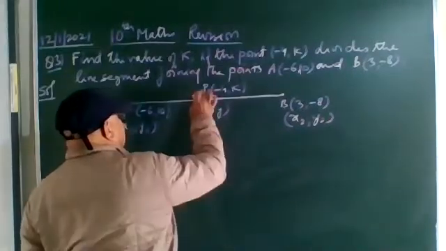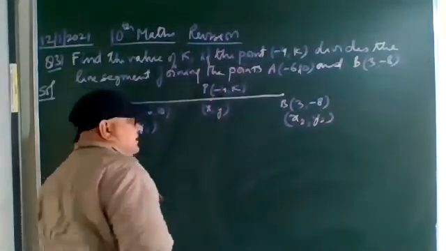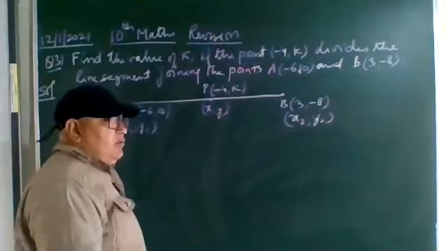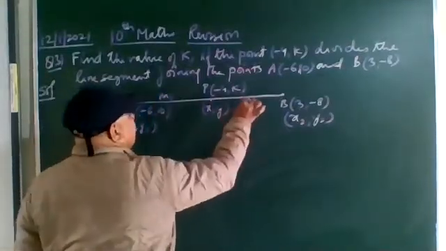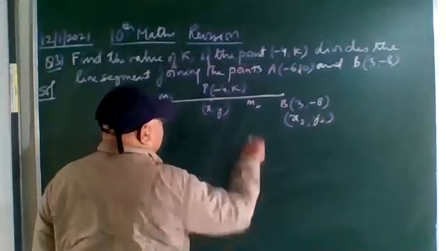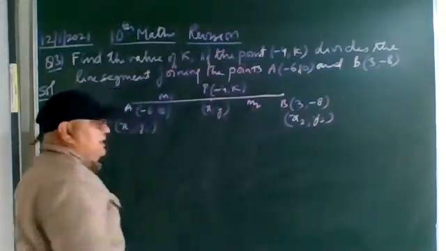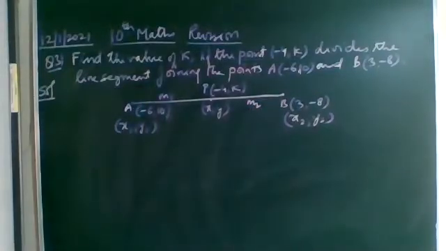But in what ratio this line segment is divided, you don't know, so you will write m1 and m2. Some students write k is to 1, or m is to 1; it depends on you. The ratio may be anything, but generally I take m1 is to m2. I never take k is to 1.